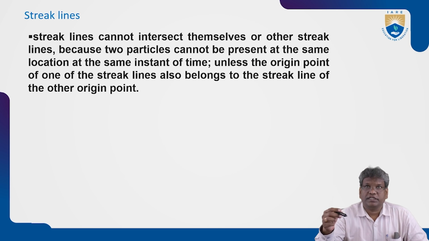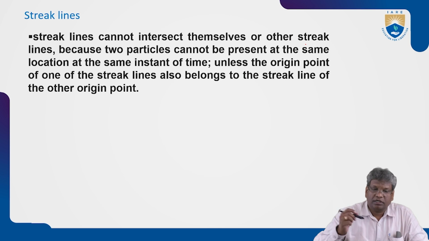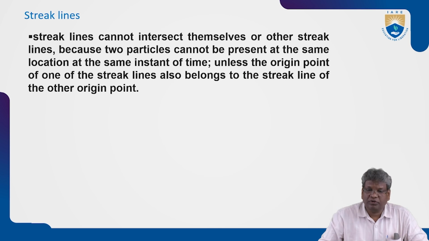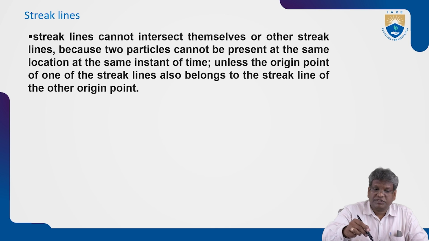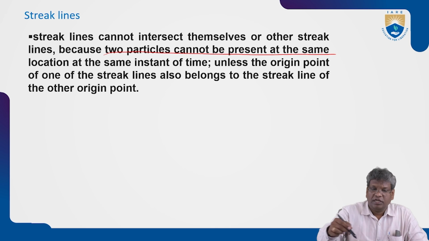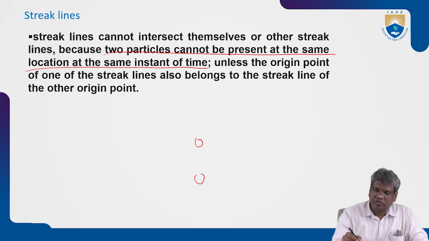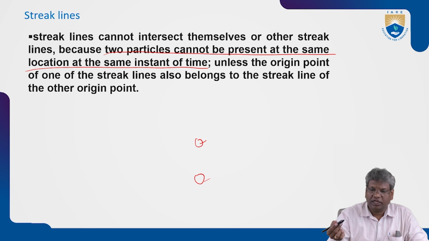Streak lines cannot intersect themselves or other streak lines, because two particles cannot be present at the same location at the same instant of time. Suppose you take two different fluid particles, they do not exist at the same position at the same time.